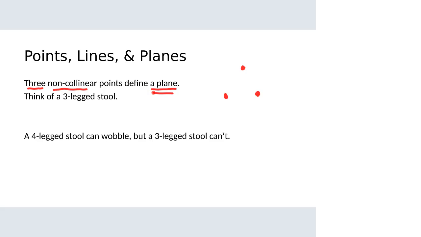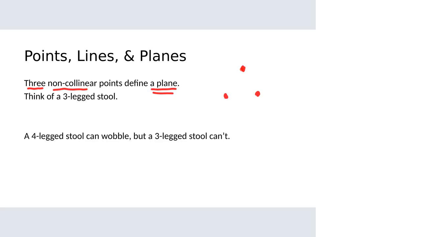If I think about my piece of paper and I needed to go through all 3 of those points, sure, I could use these 2 and rotate back and forth, but I only get a plane that goes through all 3 points when this point up here at the top is included also. So 3 non-collinear points define a plane.